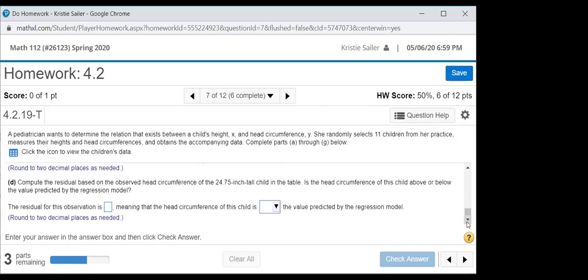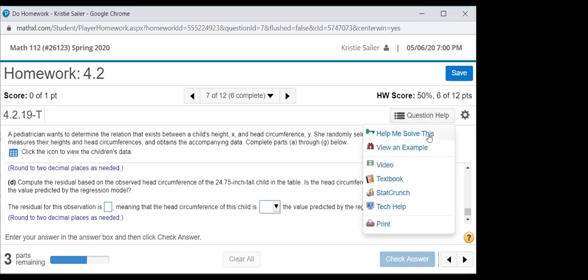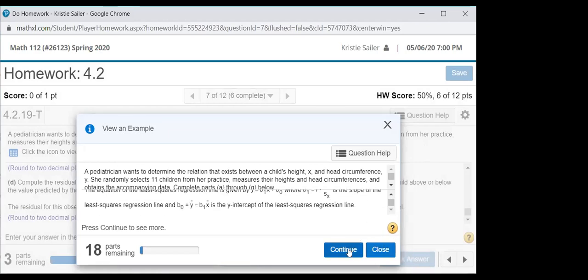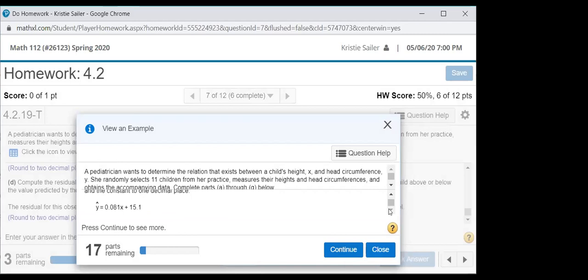No. Okay, so for the residual, you have the predicted value and you have the actual value. If you look at question help and view an example, you can see what the regression is. So keep going.